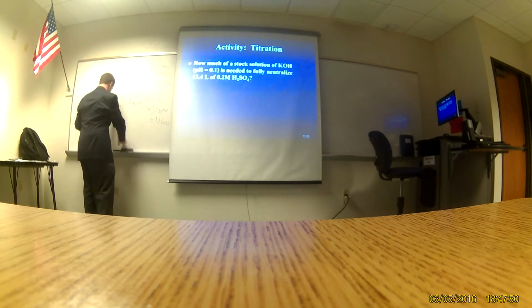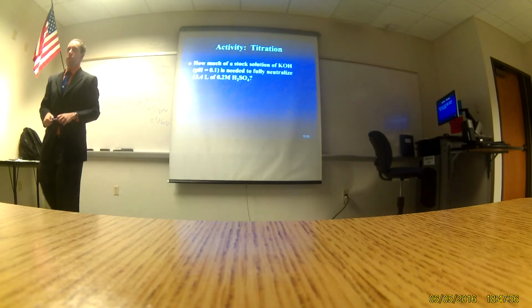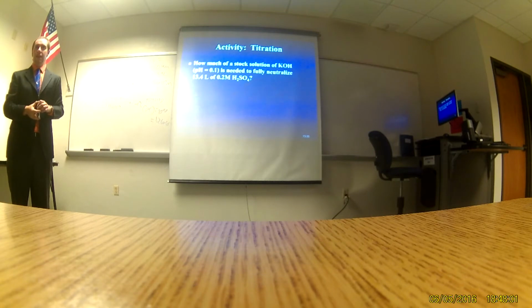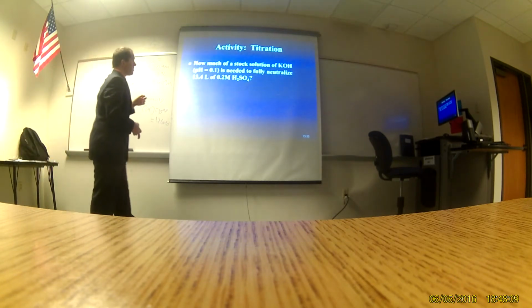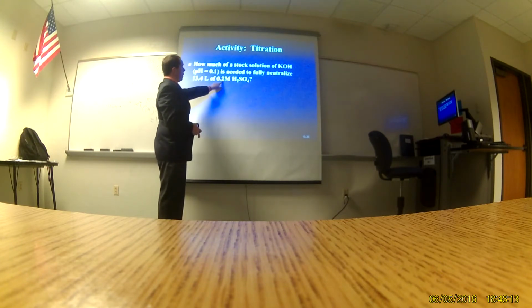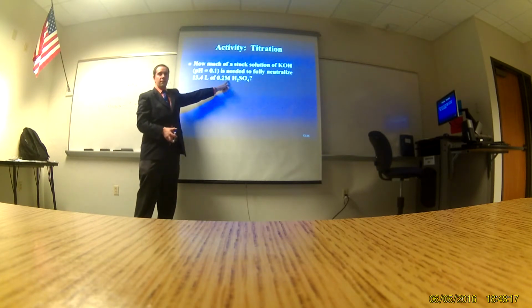So stop and think, does that make sense? That is a lot. Normally if you get a number that's out in left field like that, it's probably wrong. But let's stop and think. Our acid is this, right?